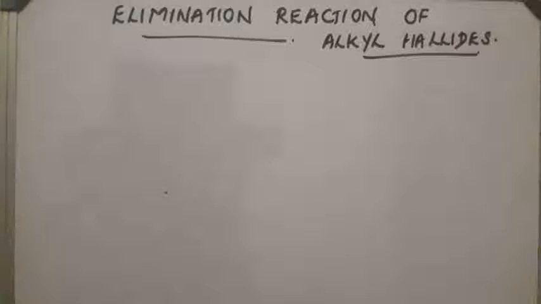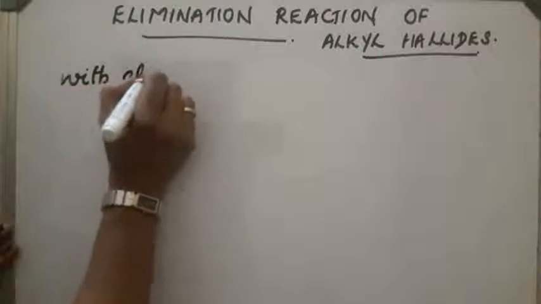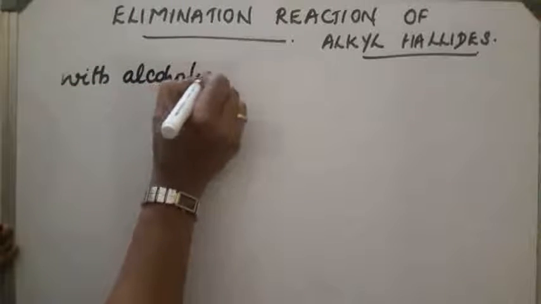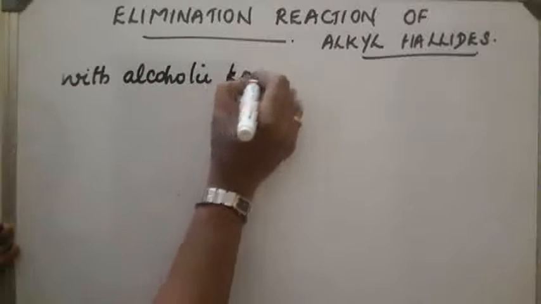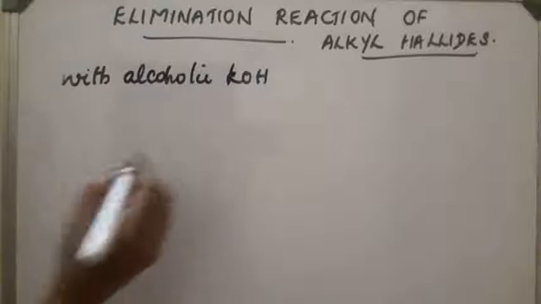Elimination reaction takes place in those alkyl halides which contain a beta hydrogen atom. Haloalkanes containing beta hydrogen atom, when heated with alcoholic KOH, undergo dehydrohalogenation.